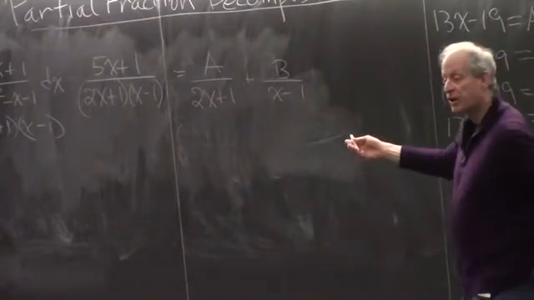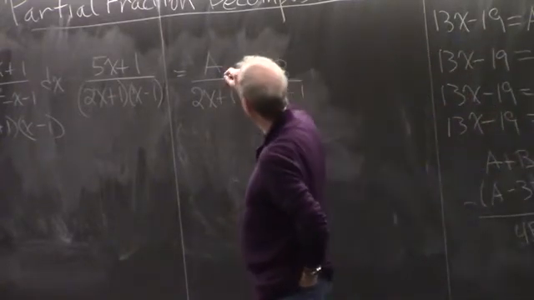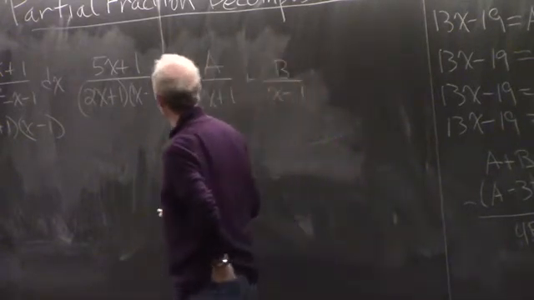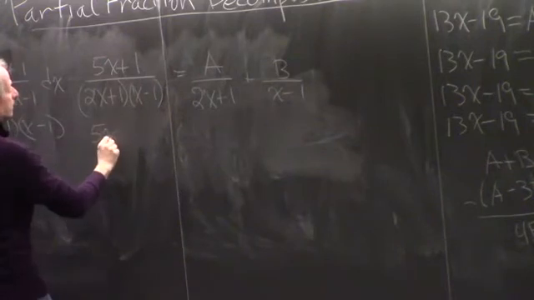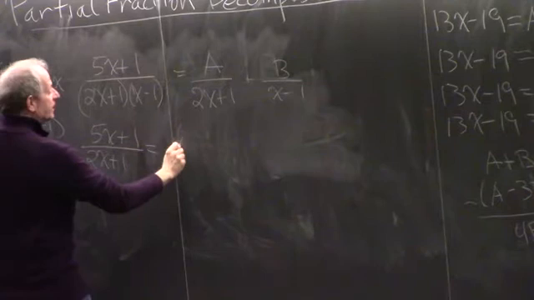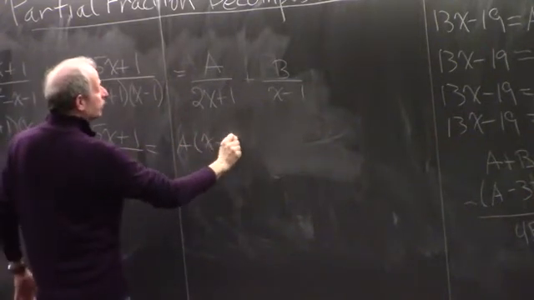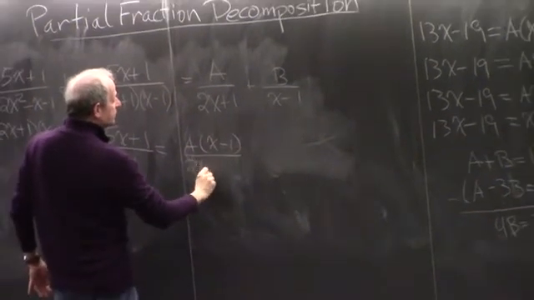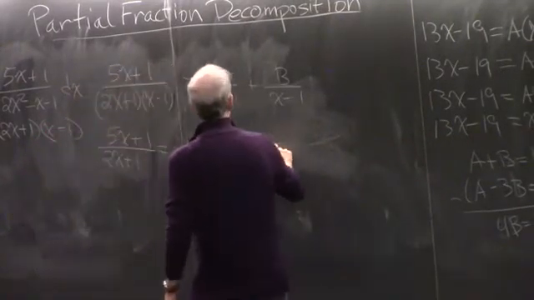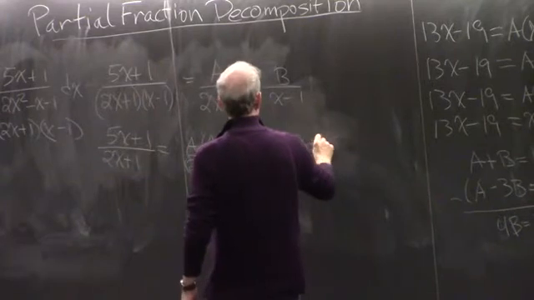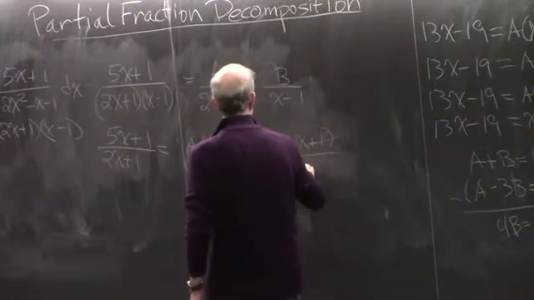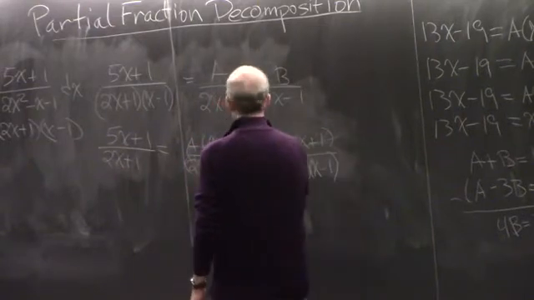Okay, so remember our technique. I'm going to get a common denominator. I'm going to multiply a by x minus 1, and multiply b by 2x plus 1. So it's going to be a times (x minus 1) over (2x plus 1)(x minus 1) plus b times (2x plus 1) over (2x plus 1)(x minus 1).